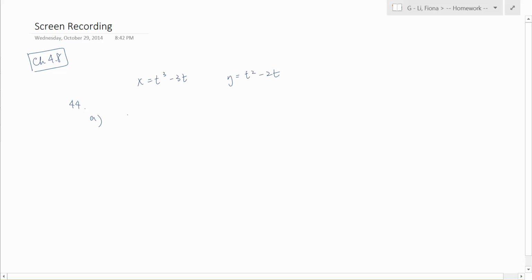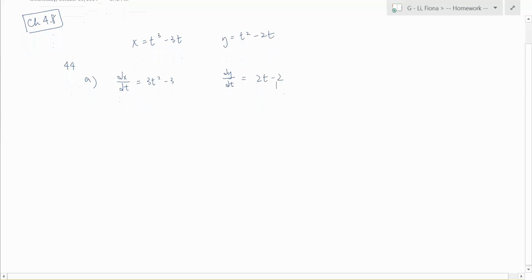So let's go ahead and differentiate dx and dy, so we will know the rate of change at that moment that we will be looking for. And so dx/dt will be equal to 3t squared minus 3, oops, sorry. And dy/dt, we will get 2t minus 2. So it's just a power down, simple differentiation right there.